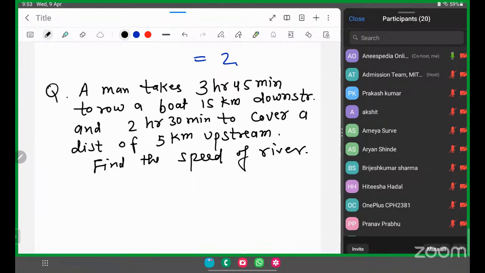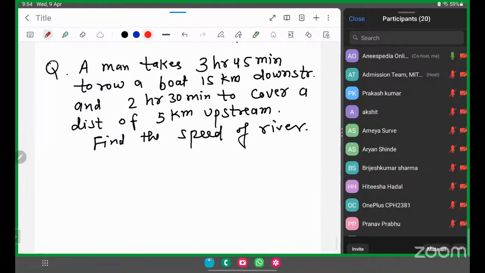So in this case, we are given with downstream distance and downstream time. So from the information we can calculate downstream speed. Let me write it in short form. Downstream speed will be, sorry, speed is distance by time, right? So this will be distance 15 kilometer upon time. Time is 3 hour and 45 minutes.